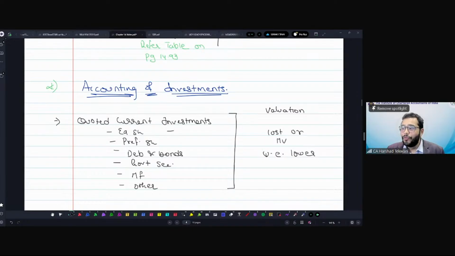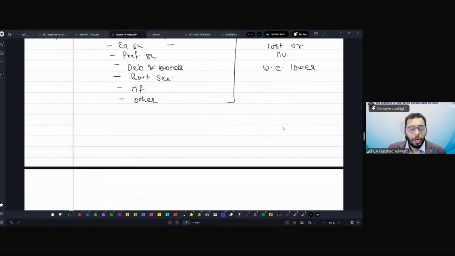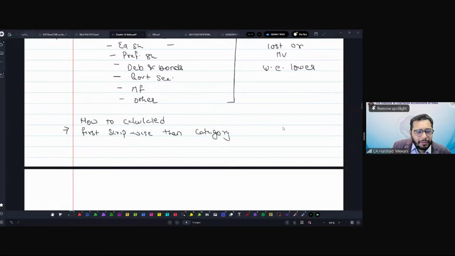If the market value for the category is less than the cost of that category, I will provide the difference to the P&L account. How to calculate? Basically, simple. First, scrip wise, then category wise, then if market value is less than cost, difference to P&L.